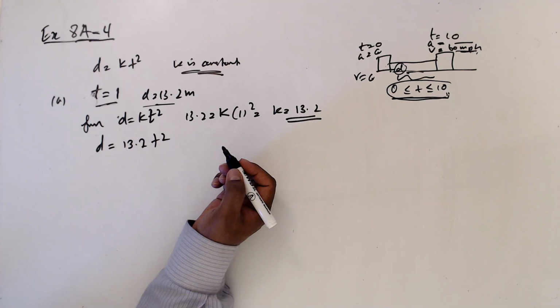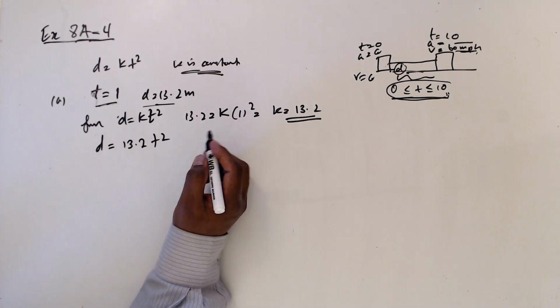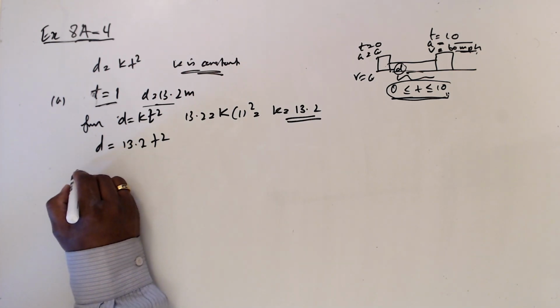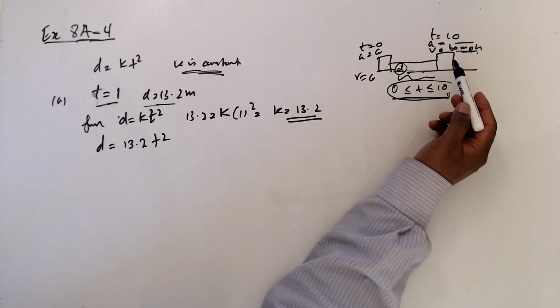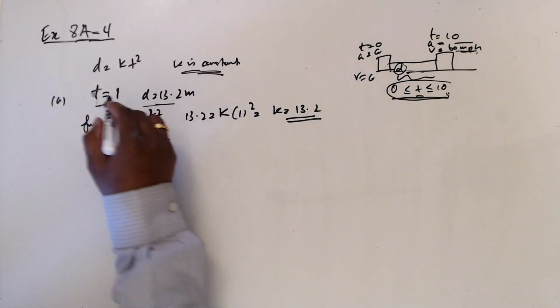Find the distance traveled when the car reaches 60 mph. The car reaches 60 mph when t equals 10.